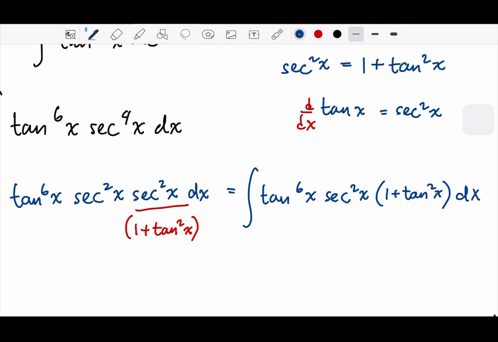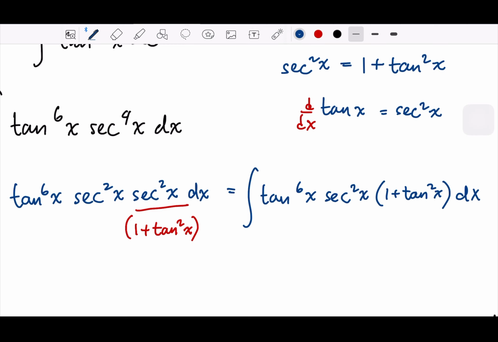Before we multiply all these things and get confused, remember that the derivative of tangent is secant squared. So if we let the tangent be u, we can cancel this, right? The whole integration becomes u to the power of 6 multiplied with 1 plus u squared du.